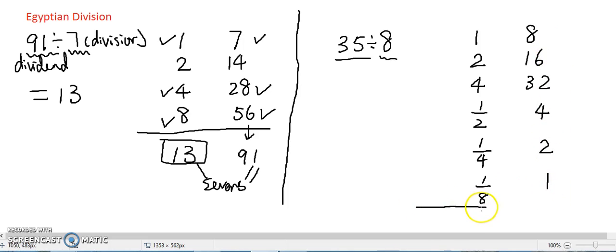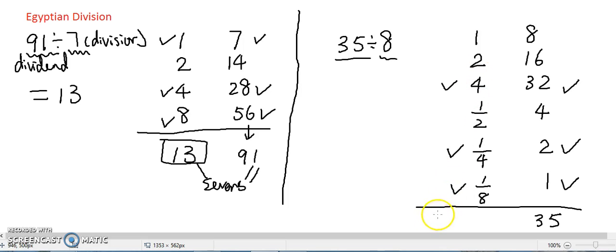So now let's pick some numbers and try to make 35. By checking these numbers, we found out 32 plus 2 plus 1 is exactly 35. So we pick the corresponding first column numbers. So we get 4 plus 1/4 plus 1/8, kind of similar to the 13 we got.